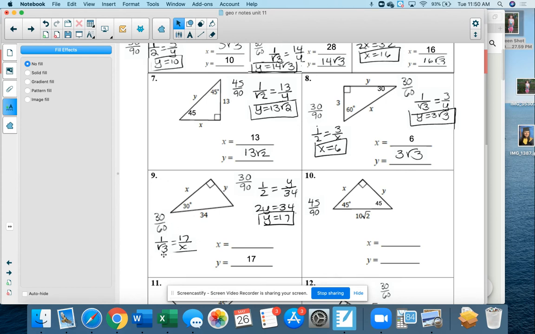The proportion is 1 over radical 3. The side across from the 30 is 17. We did that right back here. And the side across from the 60, I don't know that, that's x. I cross multiply. 1 times x is x. 17 times radical 3 is 17 radical 3. Okay?